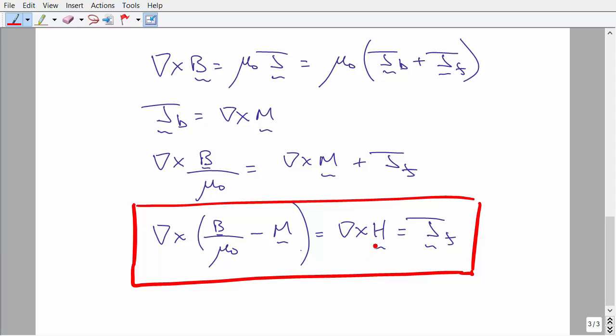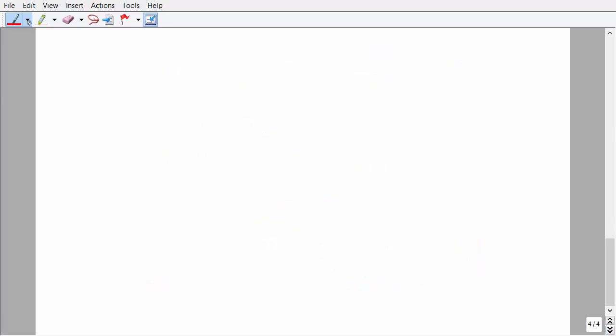This vector H here is B on mu naught minus M. It responds only to the free current, and this is analogous to our vector in electrostatics D that responded only to the free charge. Alright, so let's just make that analogy quite clear.